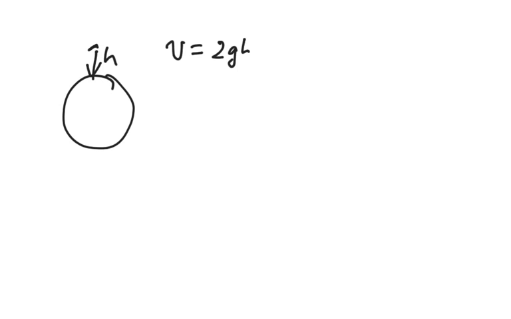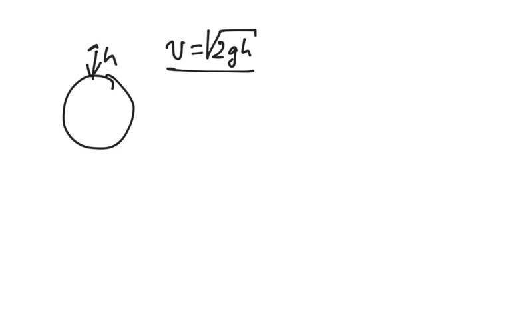Alright. Now let's take a look at this. Normally, if we were in a situation where we were close to the Earth and we fell some height h to the Earth, in the past we have said, well, that velocity, when you start from rest and you fall to the Earth, is equal to the square root of 2gh.